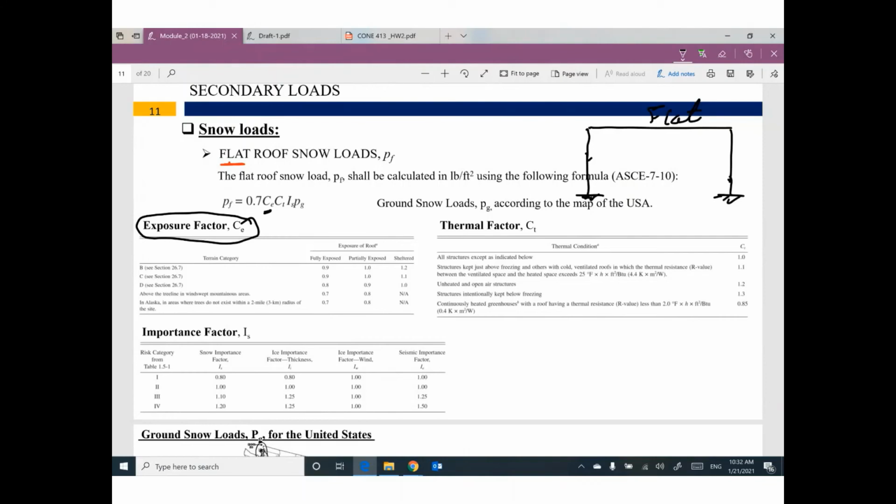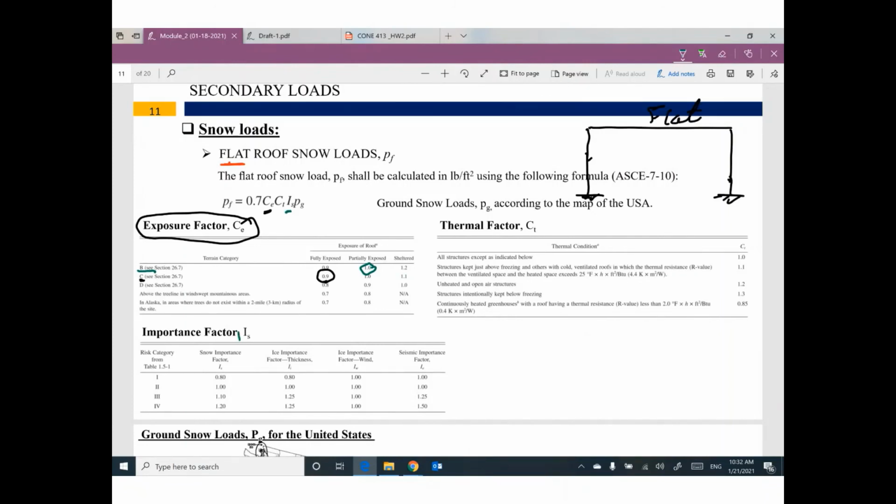For example, if your terrain category is C and the roof is fully exposed to snow load, your value will be 0.9. All of this information will be given in the problem. If your terrain category is B and the roof is partially exposed, your value will be 1.